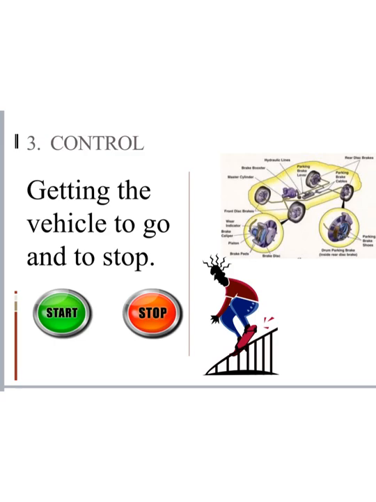It makes me giggle. Okay, so in this class, control is only stop and go. It has nothing to do with making the train or the vehicle or the airplane go where you want it to go. It is stop and go.